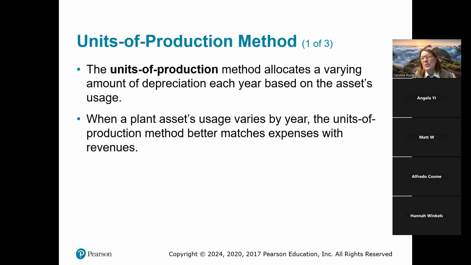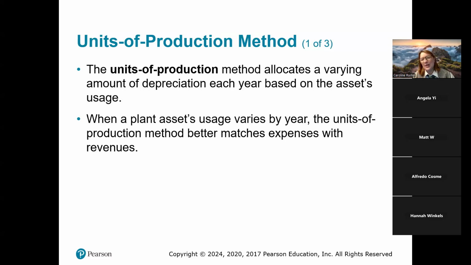All right, so units of production. This is another method of depreciation where instead of using the useful life, you use the actual usage of the item. Usually this is used in factory equipment.